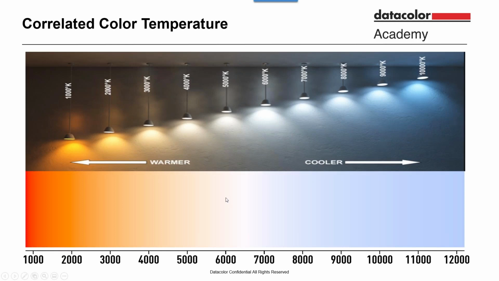It's important to understand that color temperature is not a measure of the physical temperature of the light source. Color temperature depends on the physical temperature of the black body radiator, whose color appearance is the same as the source being referenced. So when you see that it's a warmer light and the color temperature is actually lower, that's the confusing part.